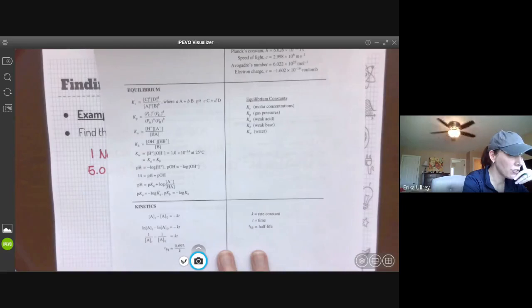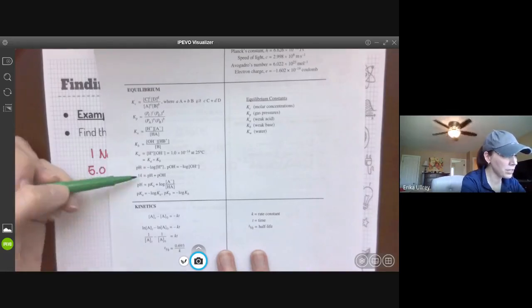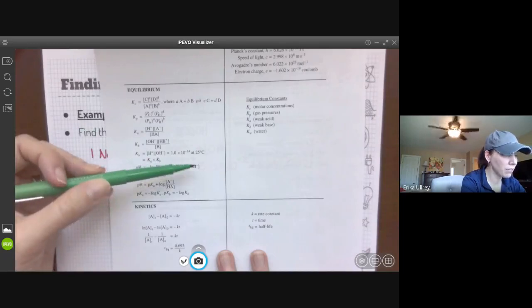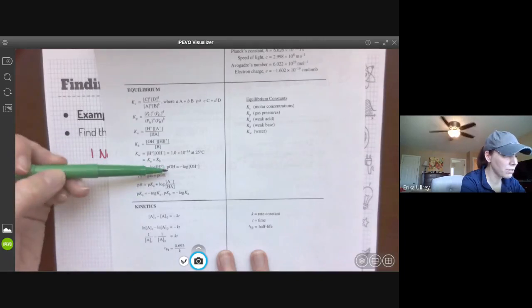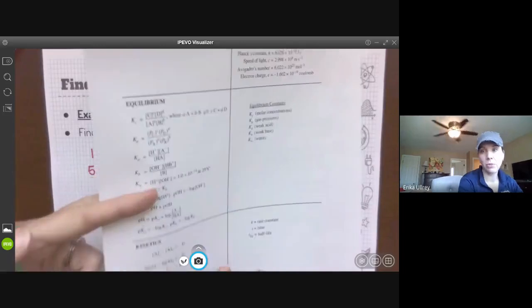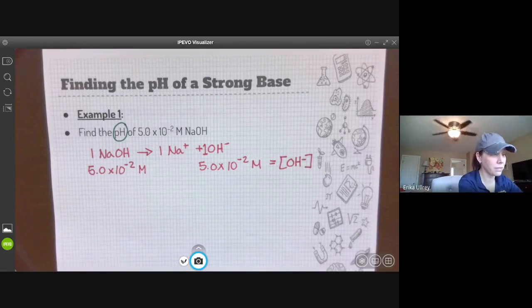If I take a look here, it shows me that pH plus pOH is 14. It also tells me that pOH is equal to the negative log of the hydroxide ion concentration. So we can use these two equations to get where we need to go. What is going to be our first step? What are we going to do with this hydroxide ion concentration? Olivia, what are we going to do?